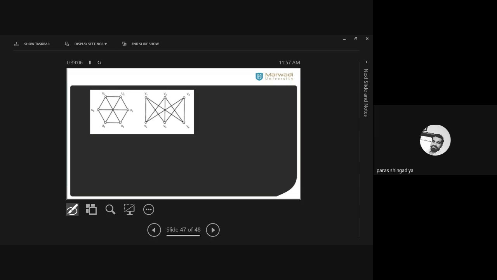To find the image of every vertex. Is there an isomorphic graph? Yes.